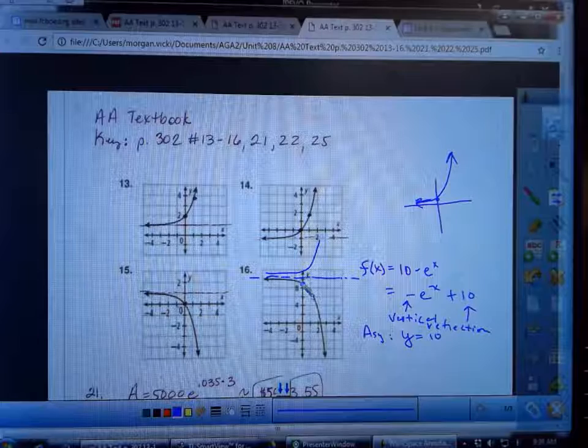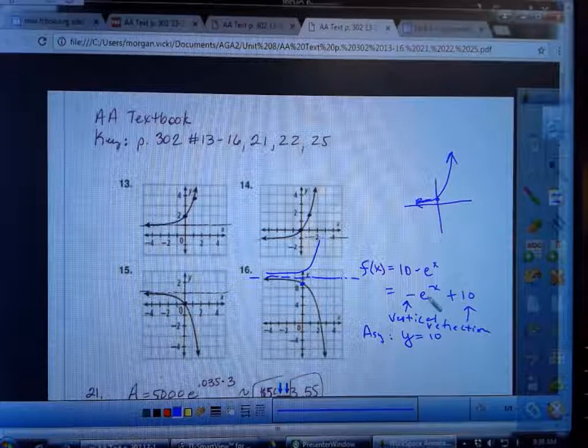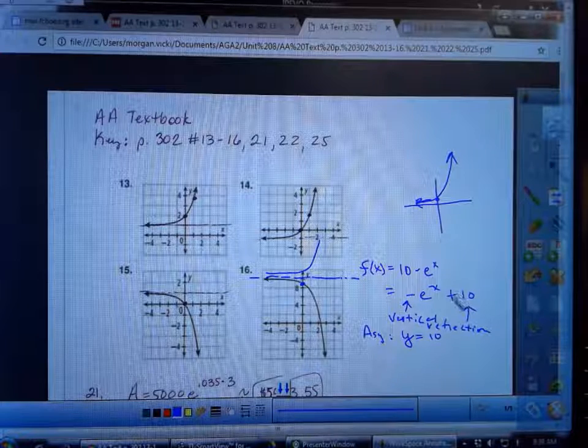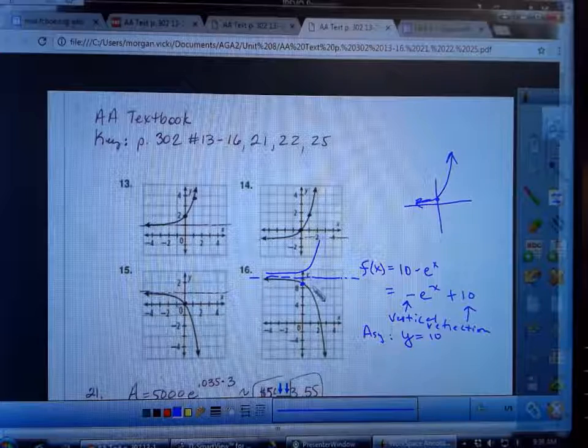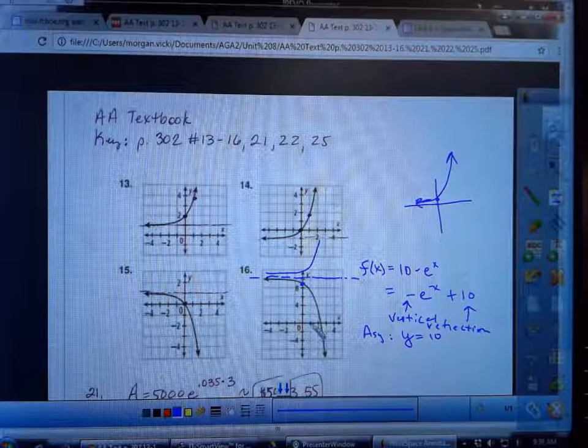So then what you could actually do is pick a value that'd be pretty easy to find. So let's look at, what if I did e to the 0? That's going to be 1. So that would give me a 9. So that gives me another point. So at 1, I should be at 9. Well, wait a second. That doesn't look right.